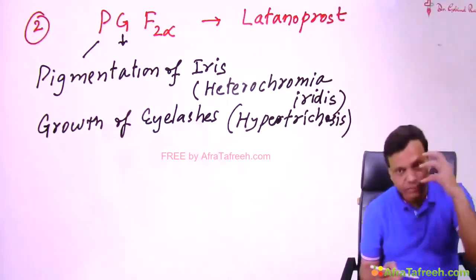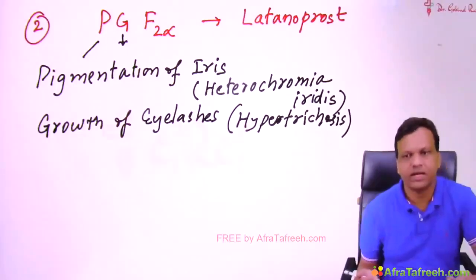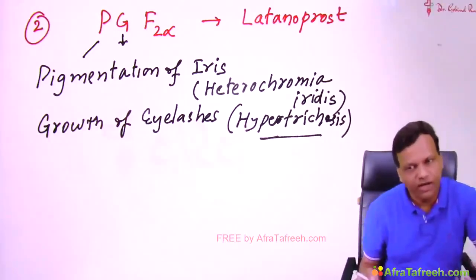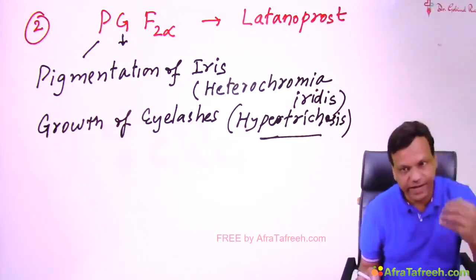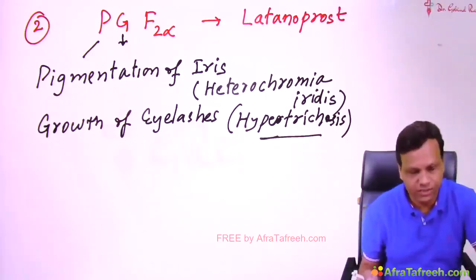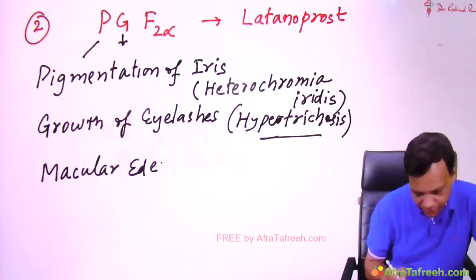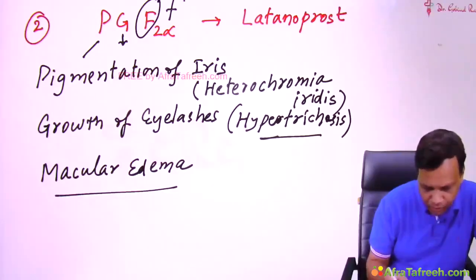So a lot of eyelashes will be produced, and in fact this side effect of hypertrichosis is being utilized nowadays for treatment of hypotrichosis. If eyelashes are lesser, we can give latanoprost to increase the eyelashes. And third, they can cause macular edema, and that you can remember F for fluid in the macula.